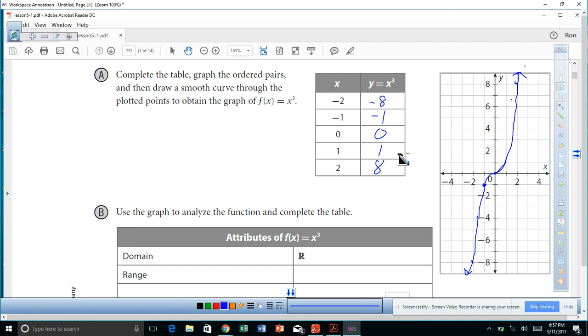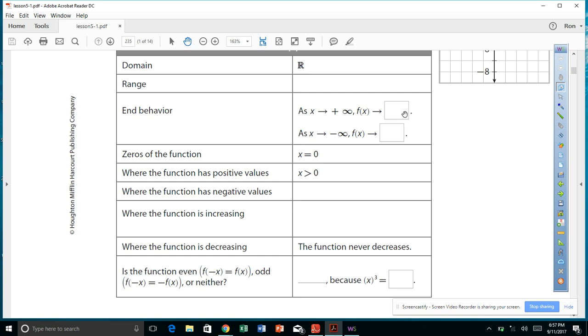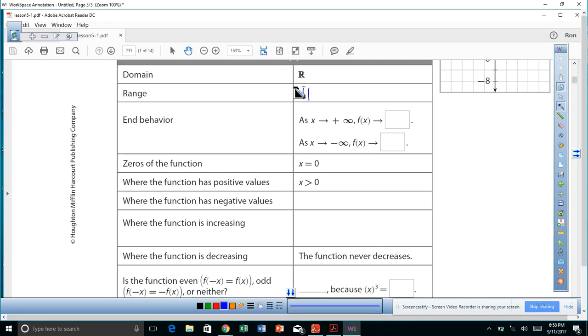Let's use the graph to analyze the function and complete the table. Well, the domain is all real numbers. And the range is all real numbers. And the end behavior: as x approaches positive infinity, f of x approaches positive infinity.